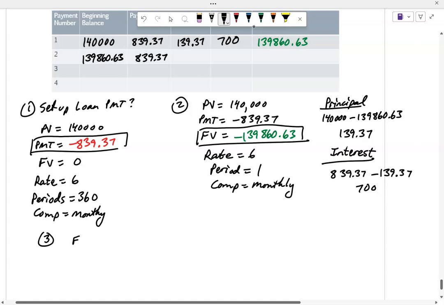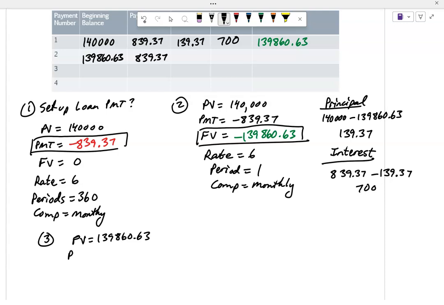Okay, so I owe $139,860.63, and I'm making this payment.